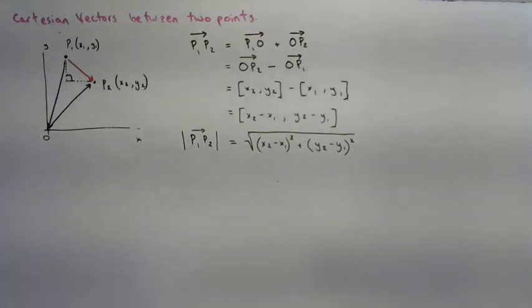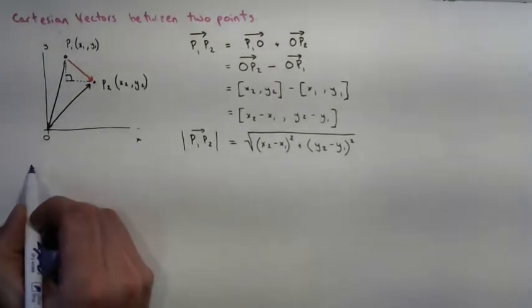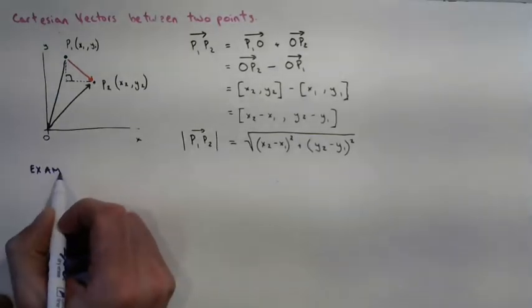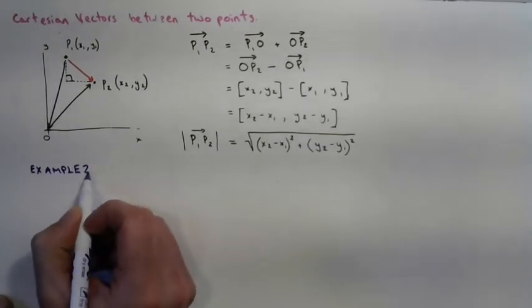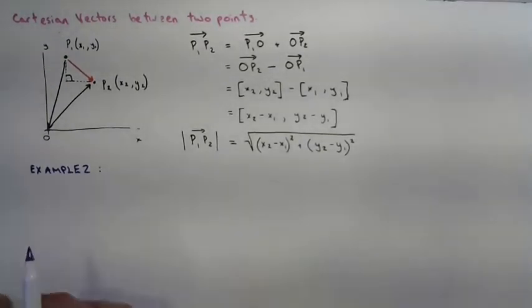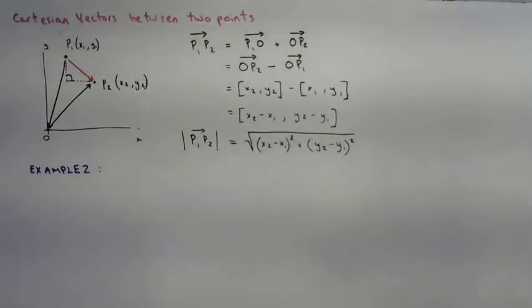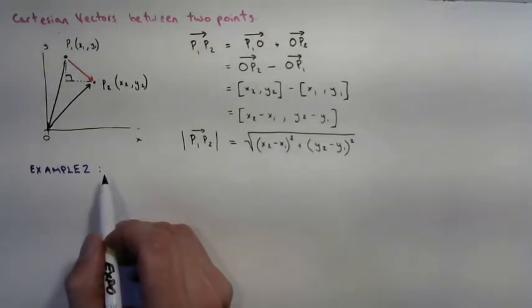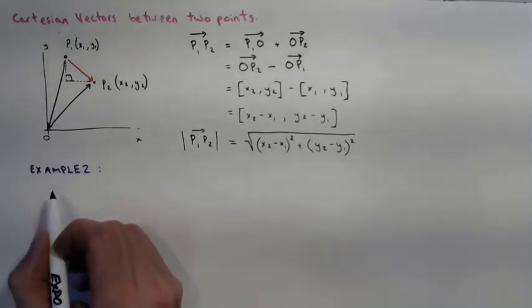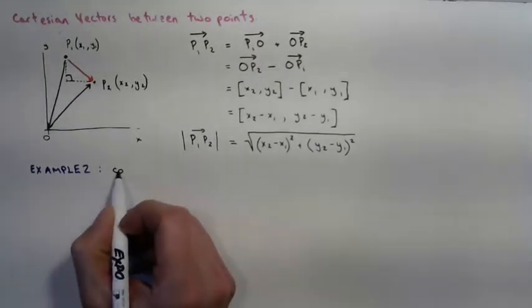Okay, let's put that into play. In example 2, I'll leave these notes up there as long as I can. Example 2, find the coordinates and the magnitude of Cartesian vectors between 2 points. In A, we're going to find the coordinates and the magnitude.